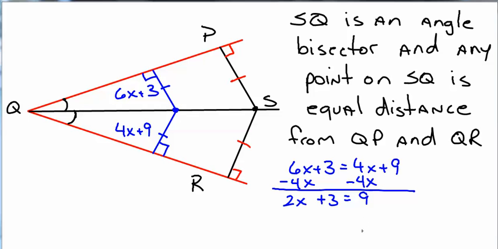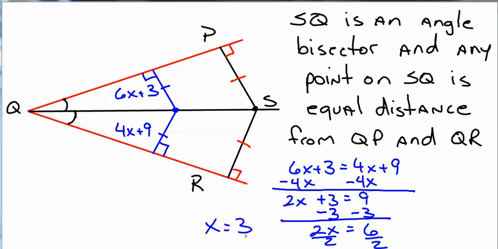And then what, Chandler? Subtract 3. Good. So 2x would equal 6. And then, Tori? Divide by 2. Very good. Divide by 2. And x would equal 3.